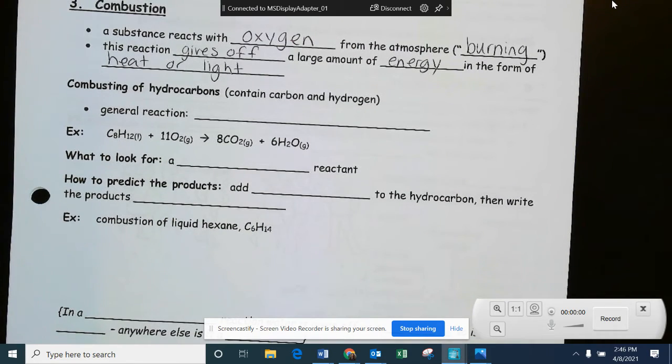Generally, what we're going to see combustion reactions with is things called hydrocarbons. So they're just compounds that contain carbon and hydrogen, and they're just highly reactive with oxygen.